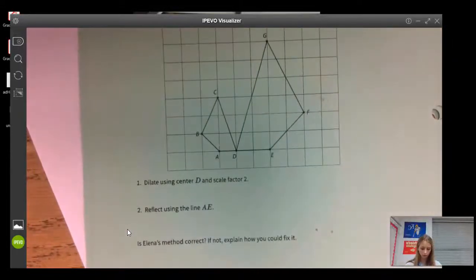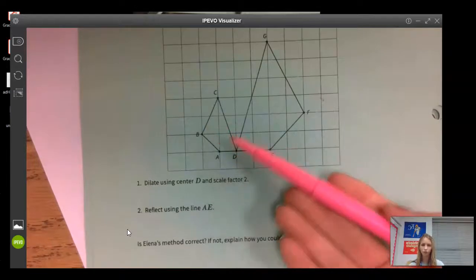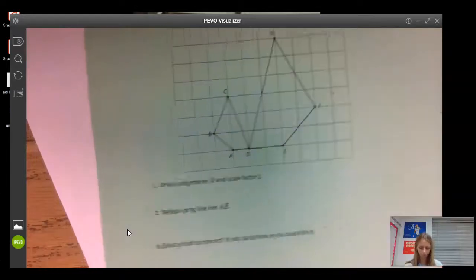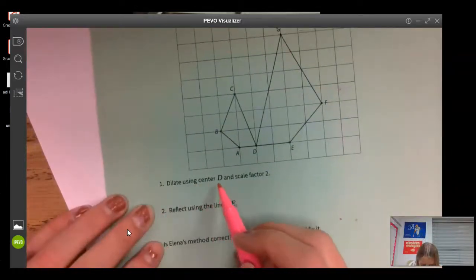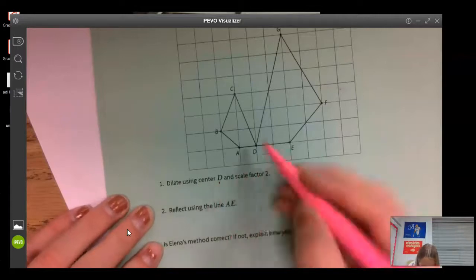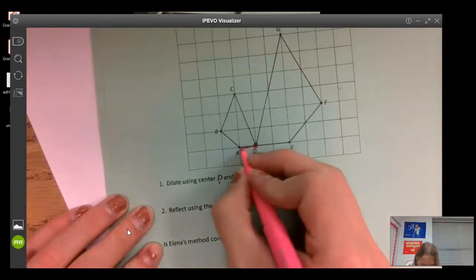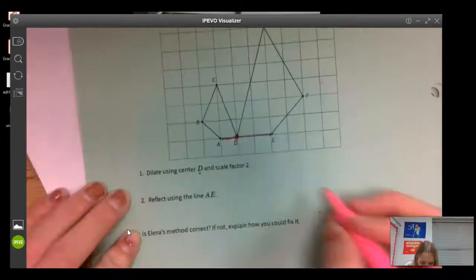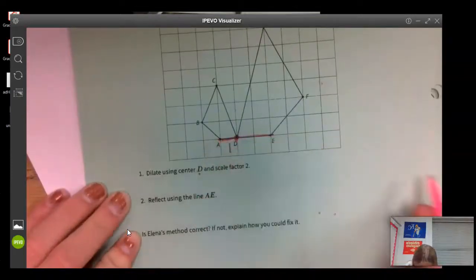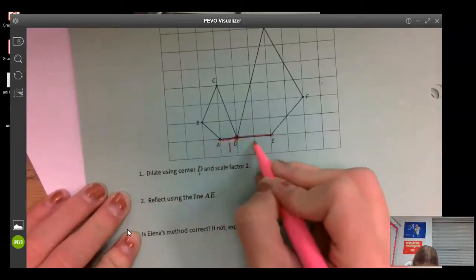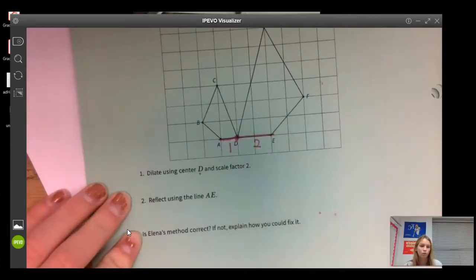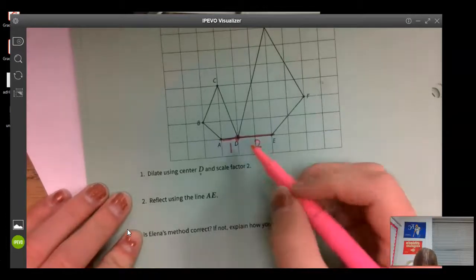Alright, so right here someone gives us some transformations to show going from this shape to this shape. Let's see if they're true. So dilate using center D and a scale factor of 2. Let's find my original distances and then our new. My original is 1 and my new is 2. So 1 times 2 does equal 2.